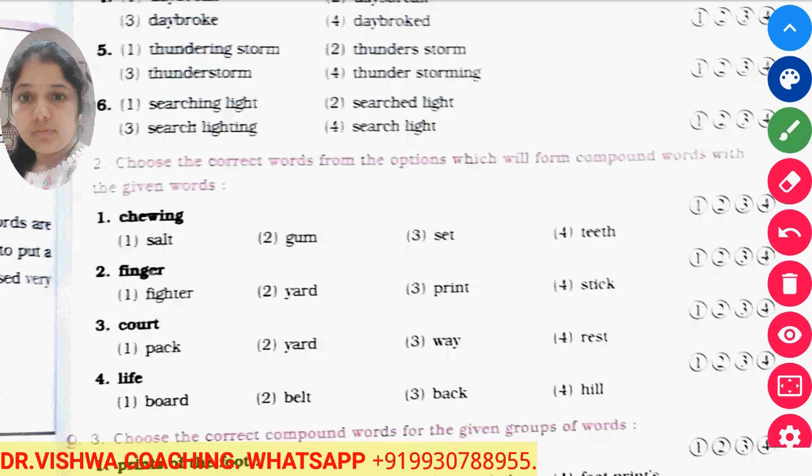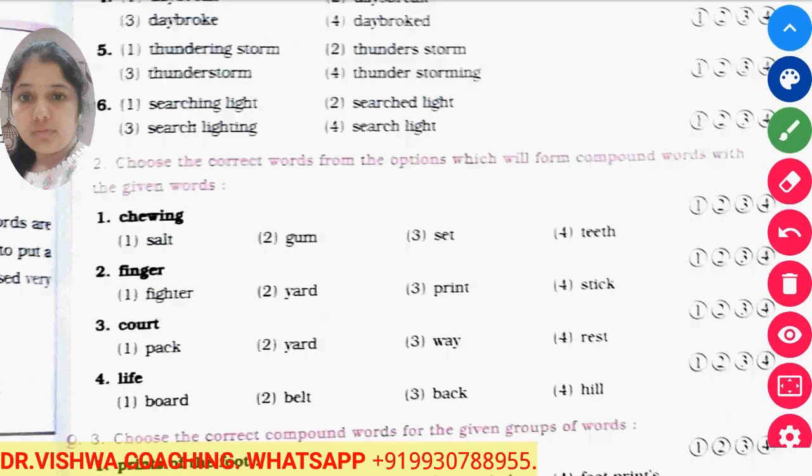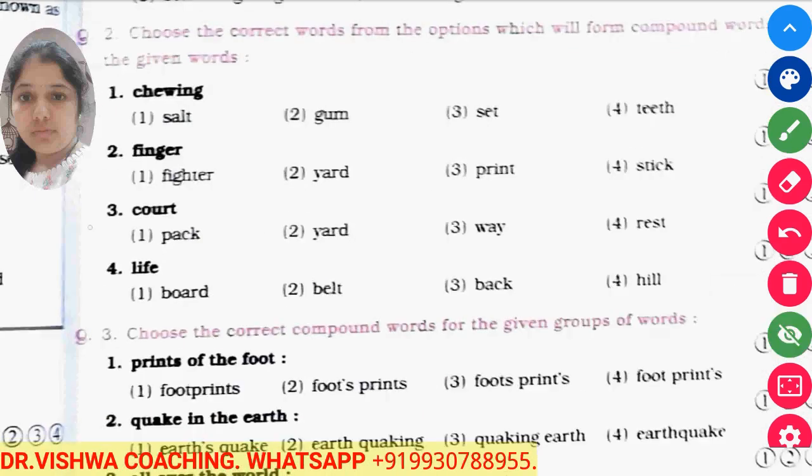Next, fingerprint, not finger fighter, not finger yard, not finger stick. If you have command of the English language, you can find the compound words or the pair quickly. The rest you try at home.